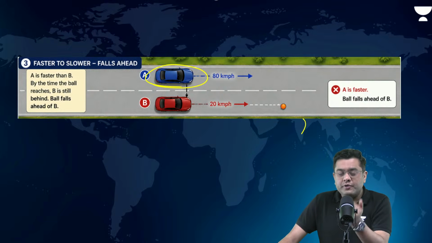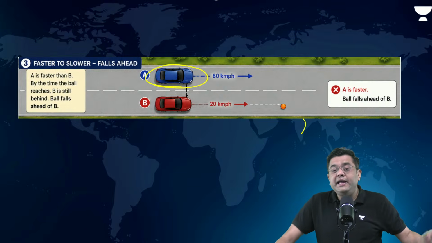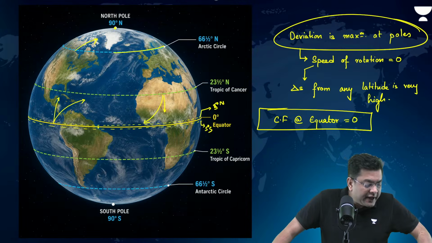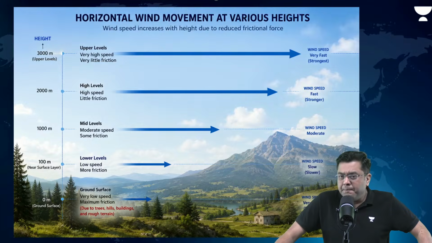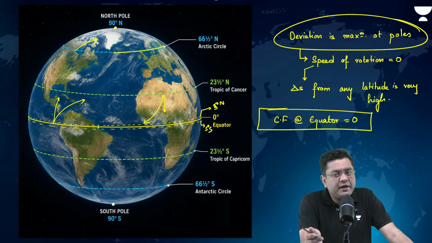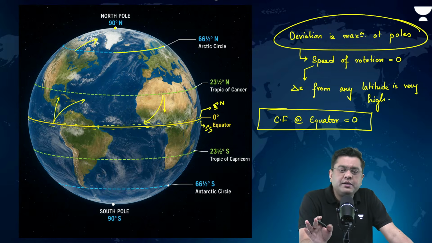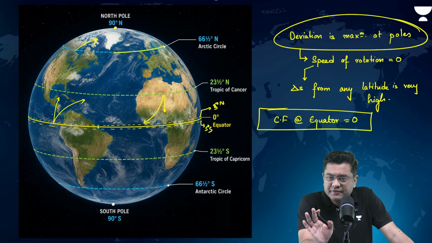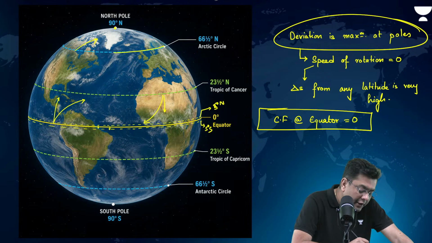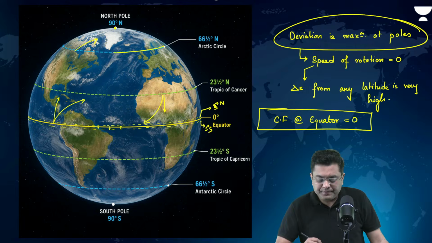Rivers, when they move, also sometimes indicate the Coriolis force bending. So what is the case of the Coriolis force? Simple. Any object moving in the northern hemisphere will bend to the right. Any object moving in the southern hemisphere will bend to the left. At the region of the equator, because they are moving at similar speeds, no bending is experienced.